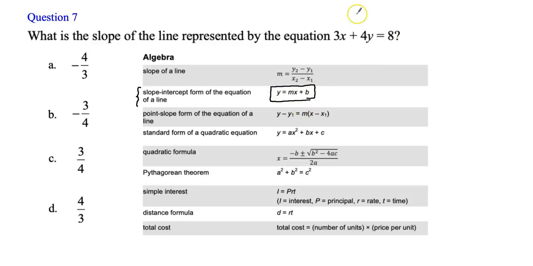So I'm going to take this equation and write it in this form. Let me write that down. Put it over here. And you will have access to a formula sheet when you take the test.